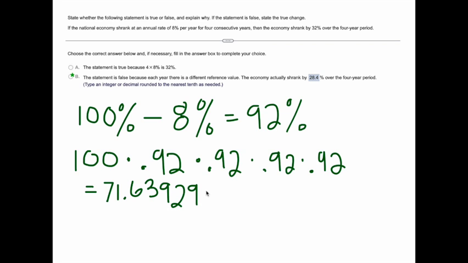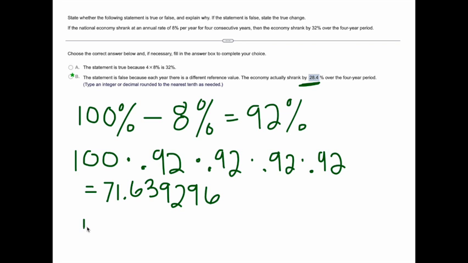Now, when I multiply that all together, we're going to get 71.639296. So for each of those years, when we bump it down by 8%, we went from 100, which was our starting point, to 71.639296. Now, it's asking how much it actually decreased by overall for the whole 4 years.